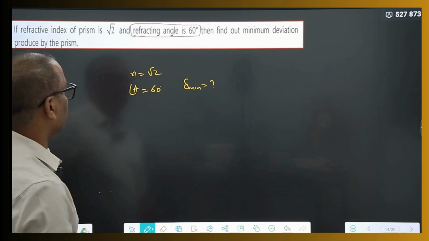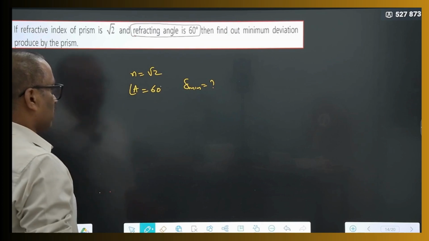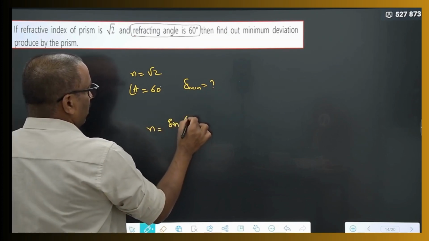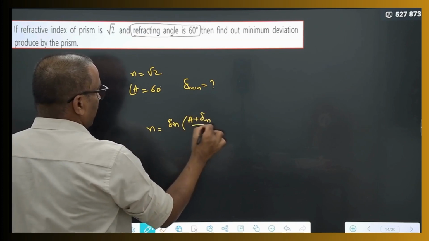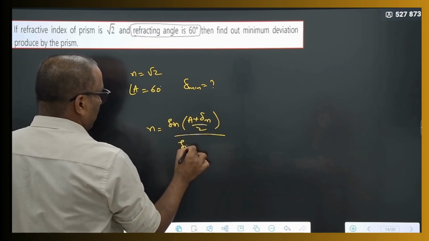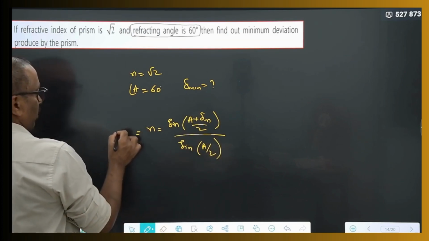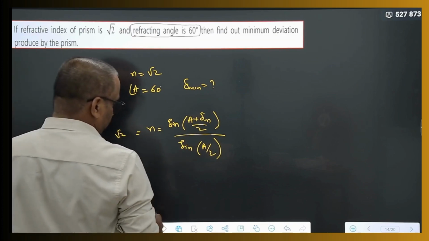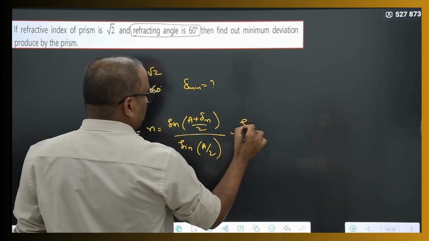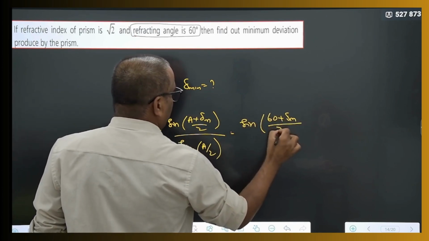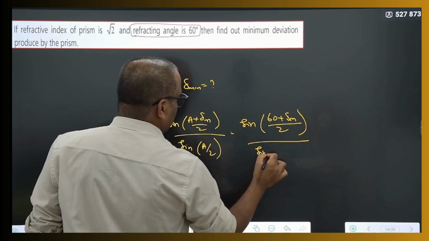So here for minimum angle of deviation you can write sine of A plus delta M by 2 by sine of A by 2, that's all. So apply root 2. Clear? So sine of 60 plus delta M by 2 by sine 30.